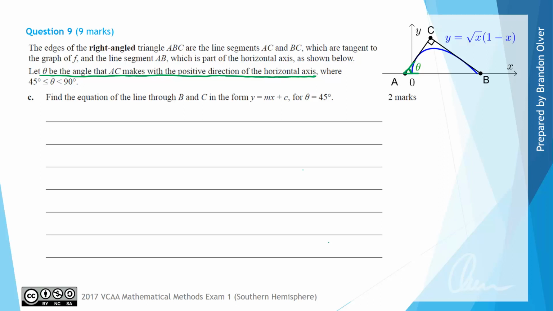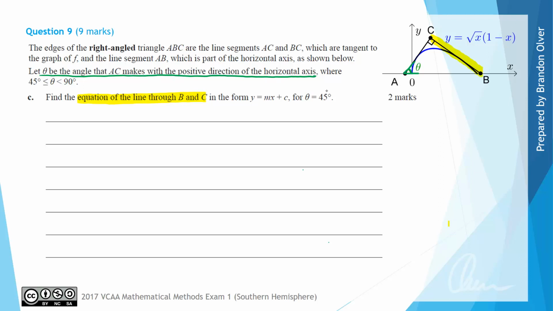For part c, we want to find the equation of the line through BC in the form y equals mx plus c when theta is 45 degrees. So that line BC is this line segment here that I've just highlighted in yellow.